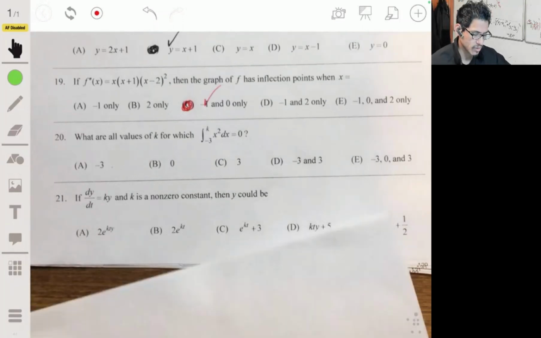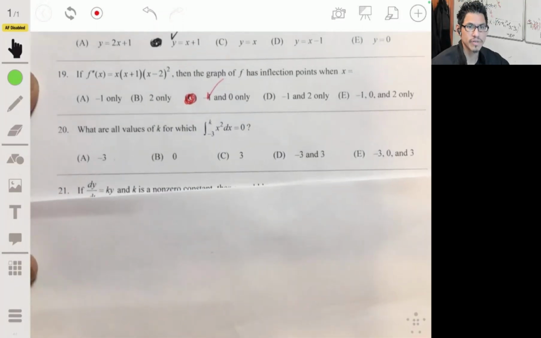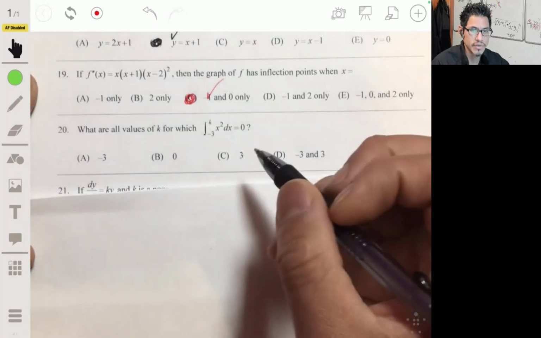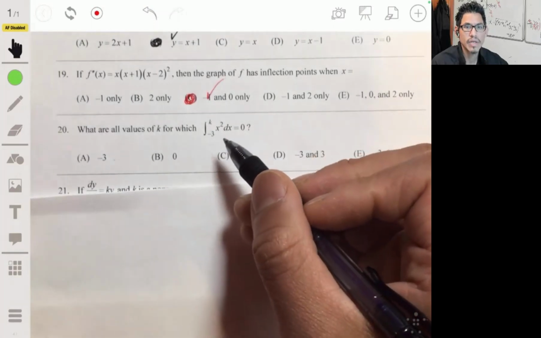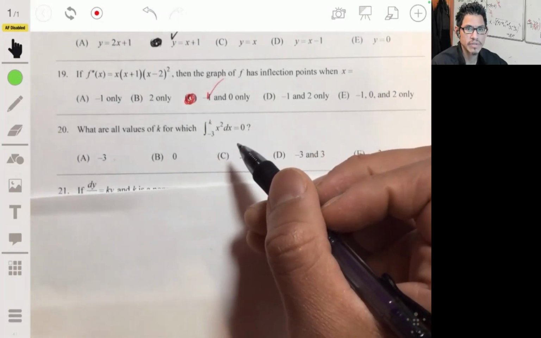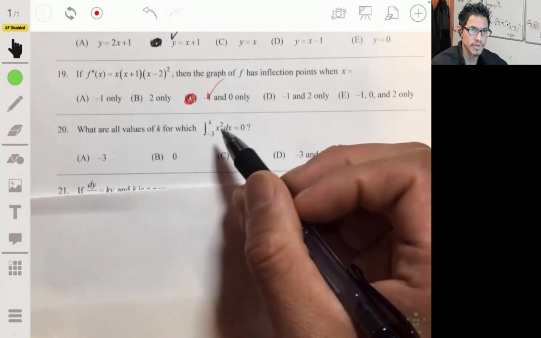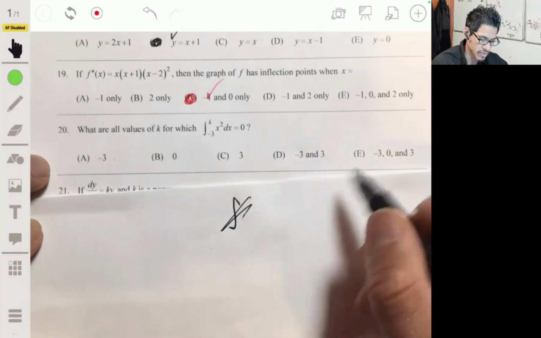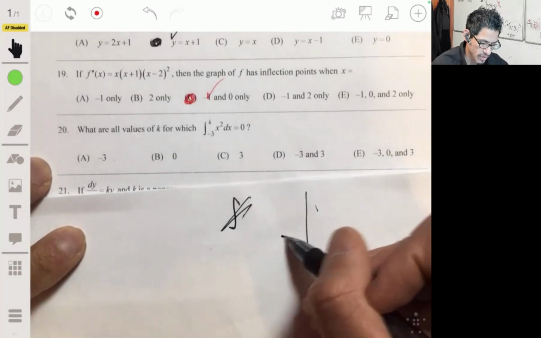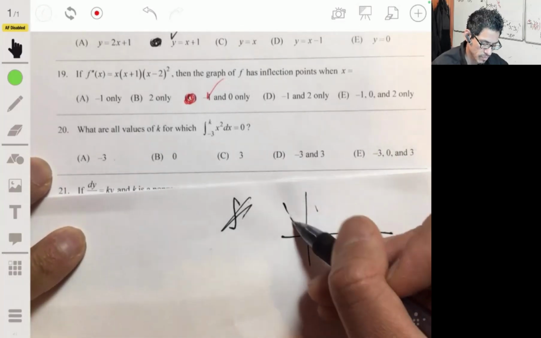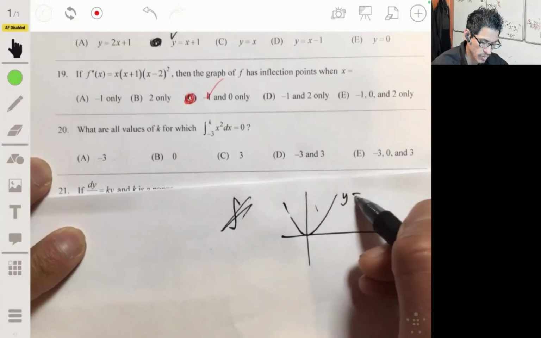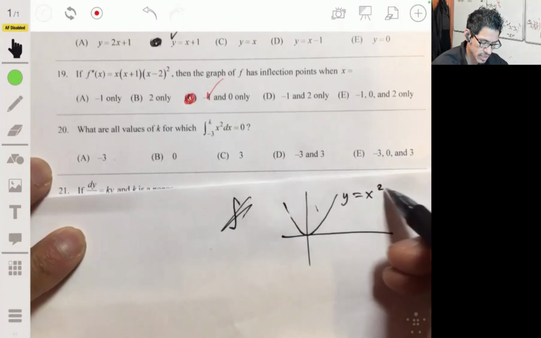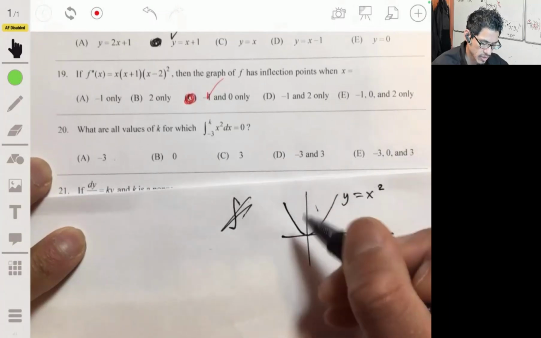All right, problem 20. What are all the values for k for which the integral of x squared is equal to 0, starting from -3? So, well, let's draw a little sketch of the graph. Remember the equation y equals x squared is just a parabola.